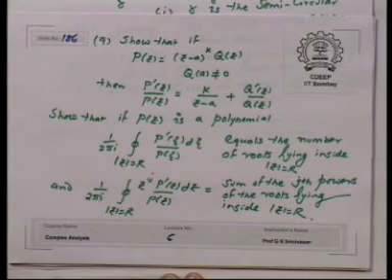And then 1 over 2 pi i times integral z to the power j p prime z upon p(z) dz, mod z equal to r, is the sum of the jth powers of the roots lying inside mod z equal to r.